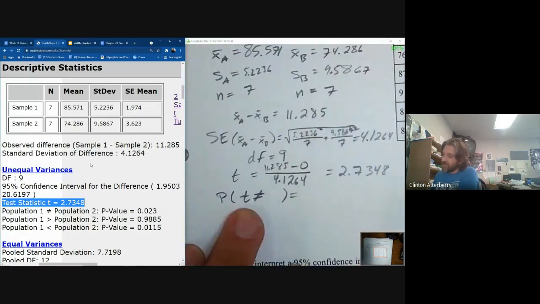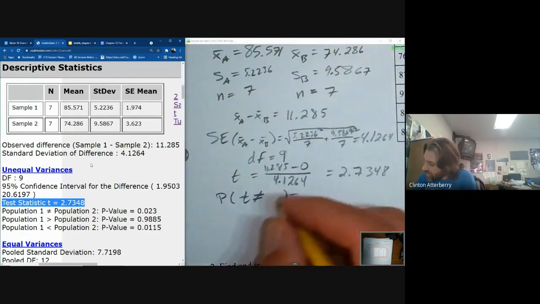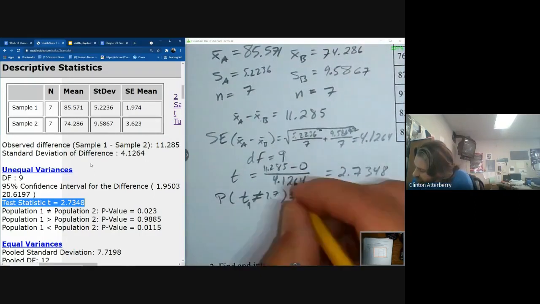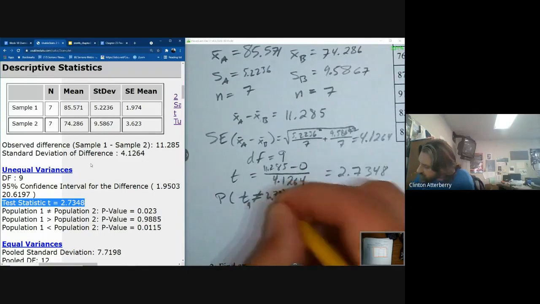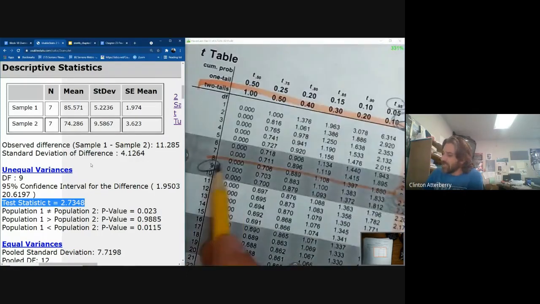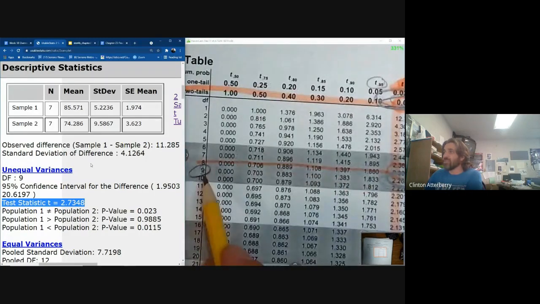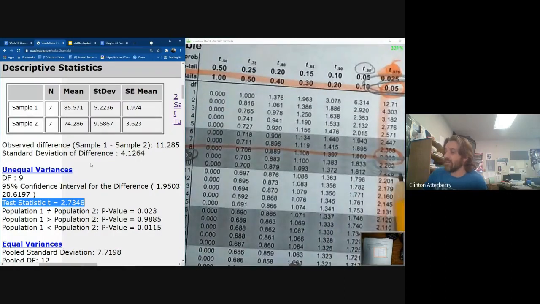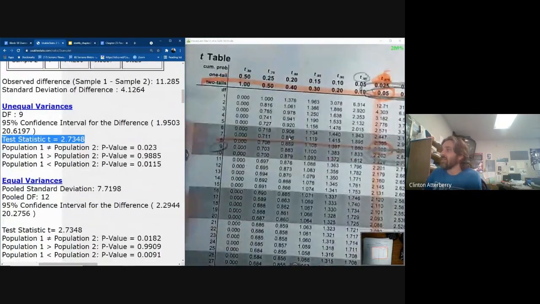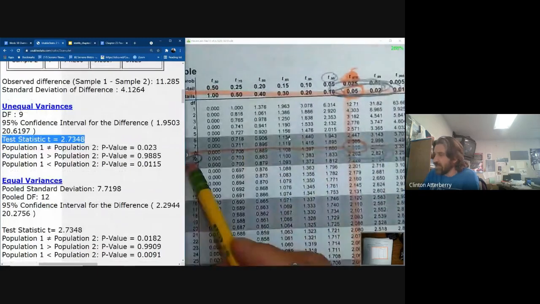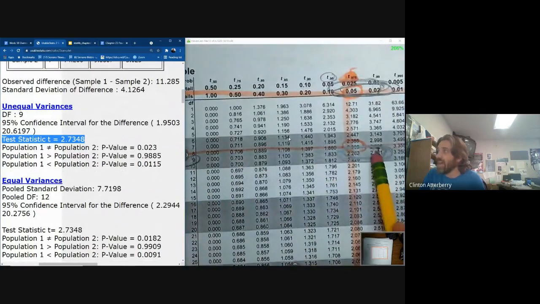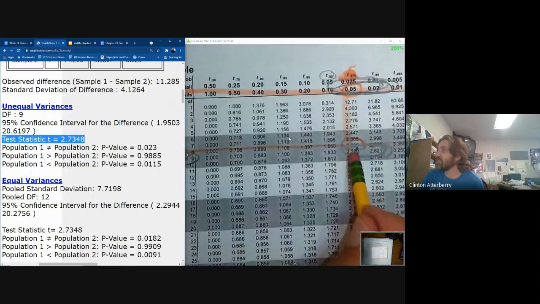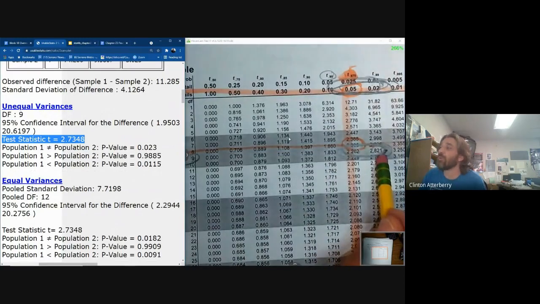If we go to the degree of freedom of 9 and go over until I find that t-score of 2.7348, which I don't see, but what I do find is it's in between these numbers here, 2.262 and 2.821.